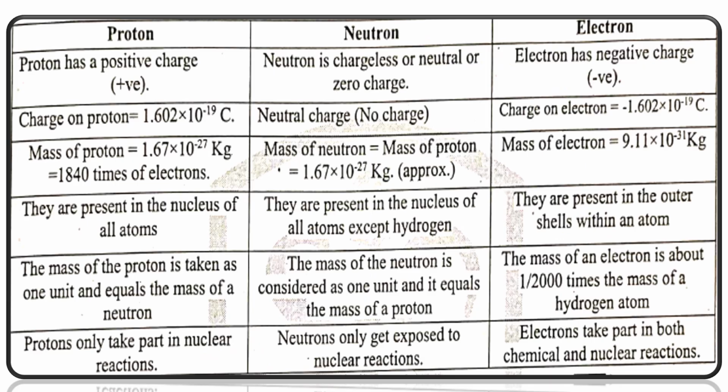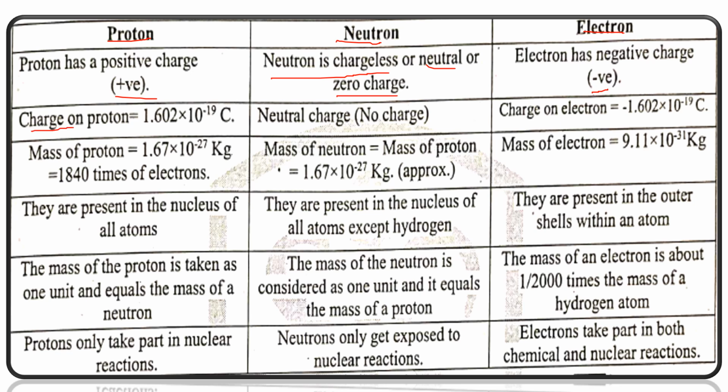This is the comparison of the proton, neutron, and electron. The proton has a positive charge, the neutron has zero charge, or neutral charge, it is chargeless, and the electron has a negative charge.